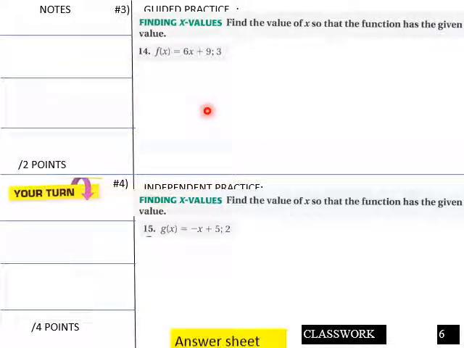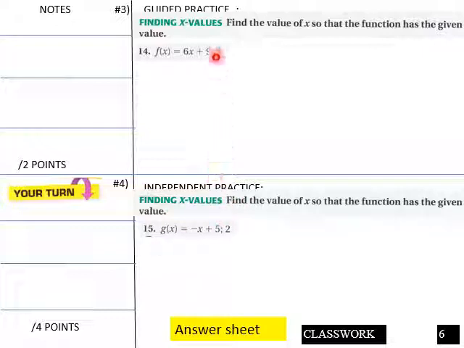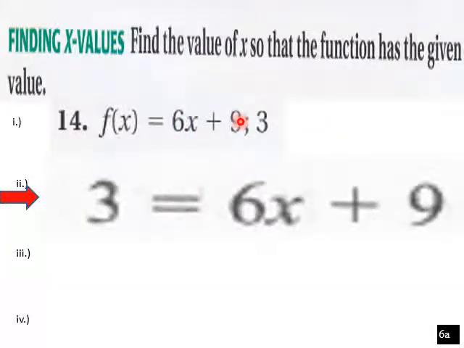Okay, so our next guided practice here, students, this is you here. Maybe I'll even do that one. Maybe really be your lucky day, but we're going to do this one first. Number 14 here: f of x equals 6x plus 9 when f of x equals 3.